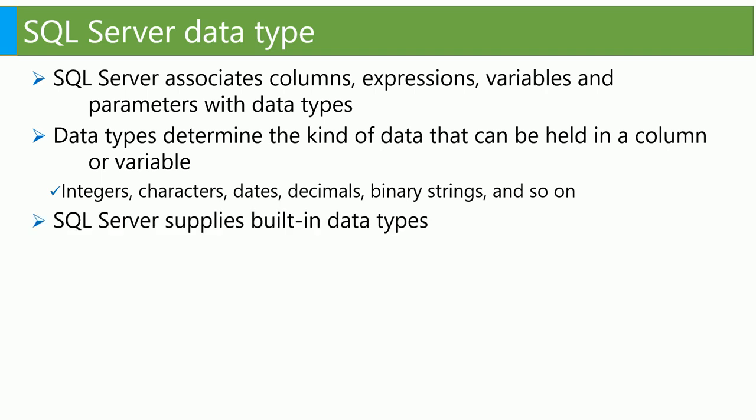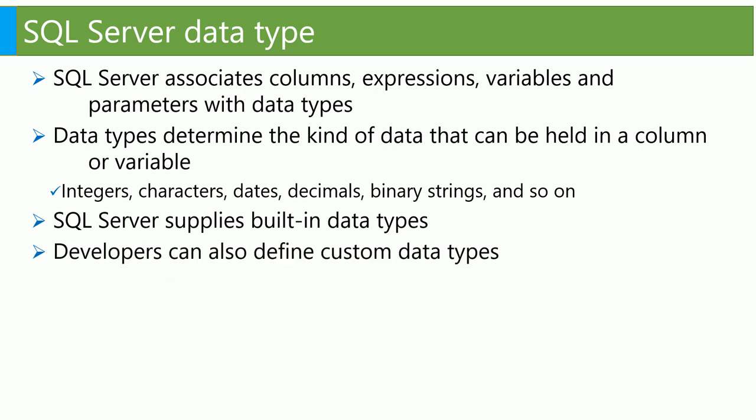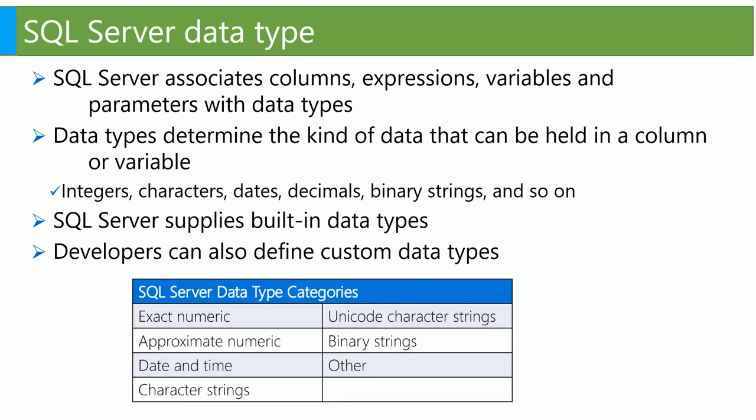SQL supplies built-in data types as well, or the developer can define their own data types. The SQL Server data type categories are exact numeric, approximate numeric, date and time, character string, Unicode character string, binary string, and other data types.